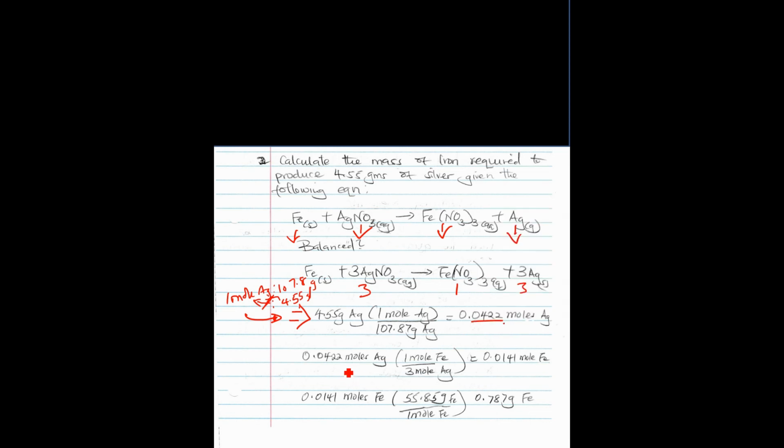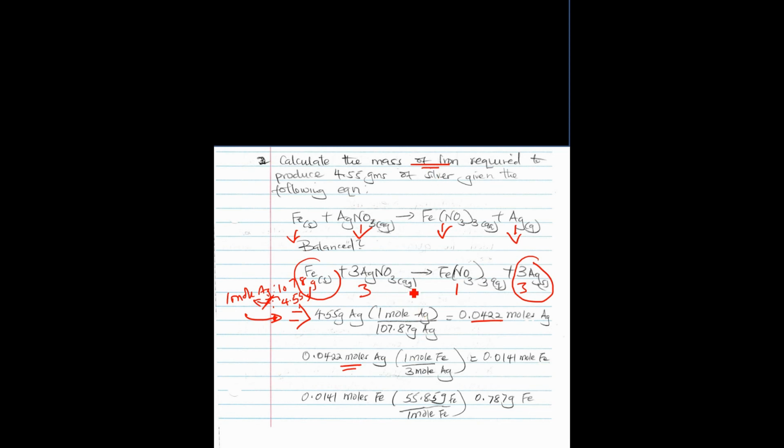Those moles of silver are formed from iron: 3 moles of silver are formed from 1 mole of iron. We need to find the mass of iron, so we have to find the moles of iron before we find the mass of iron.